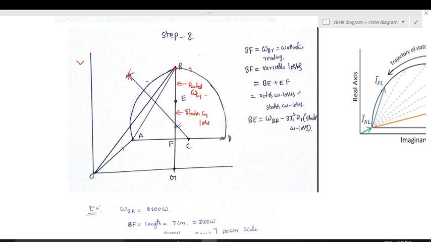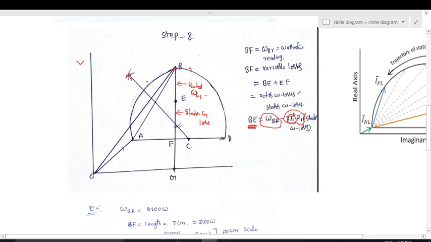So generally B to E is nothing but what? Rotor copper losses. To find the rotor copper losses, this is the total copper losses from the wattmeter reading under the blocked rotor test. So this is the losses that occur in the stator: three times I1 squared R1, because this is three phase.